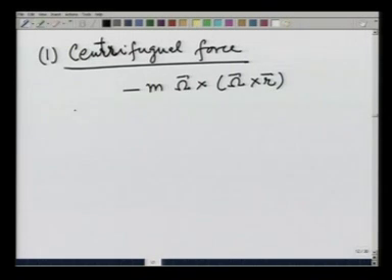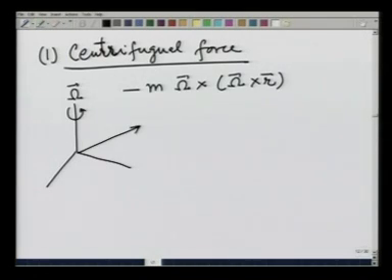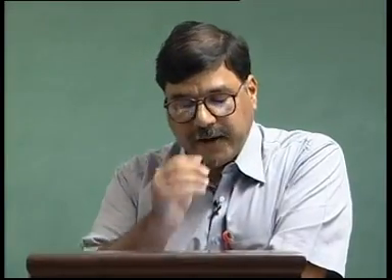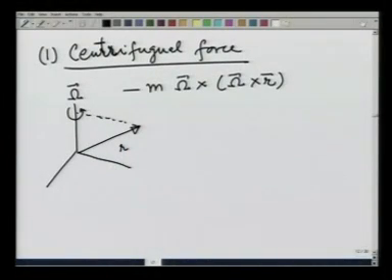If I look at a rotating frame which is rotating about an axis, and this is r, omega cross r is going to be perpendicular to this omega-r plane, and then omega cross omega cross r is going to be perpendicular to that and omega. So, let us see this in the omega-r plane itself.